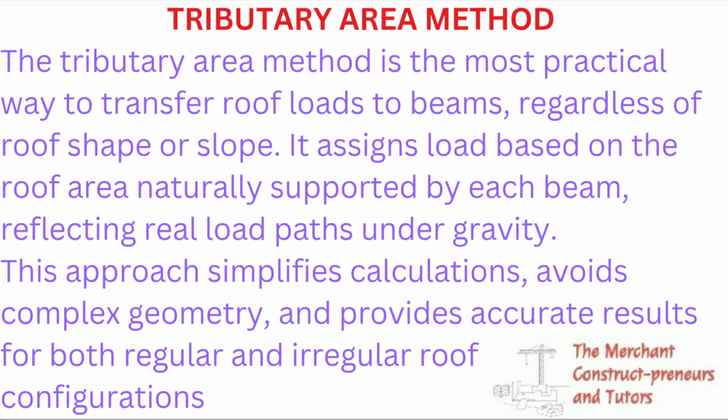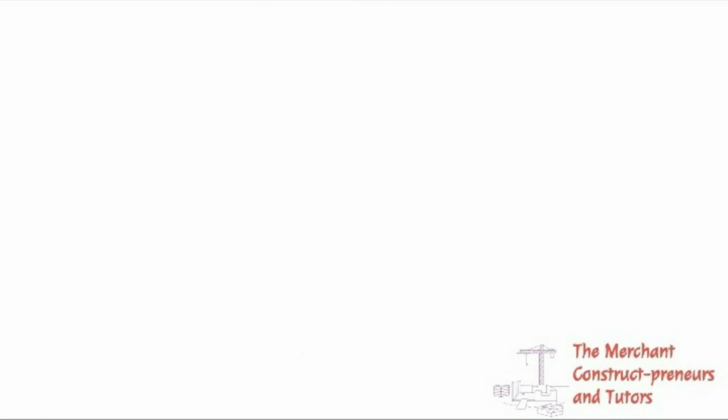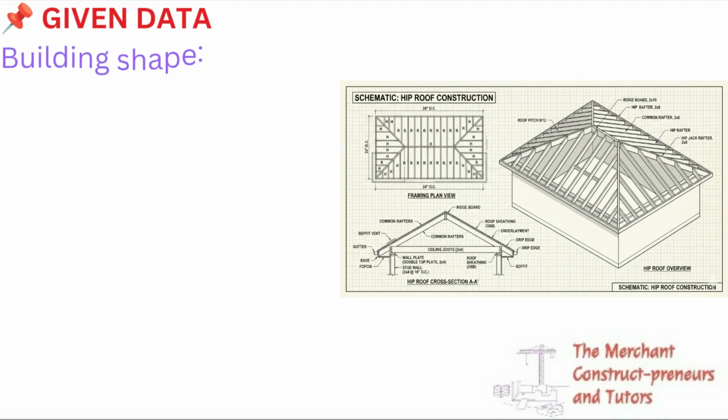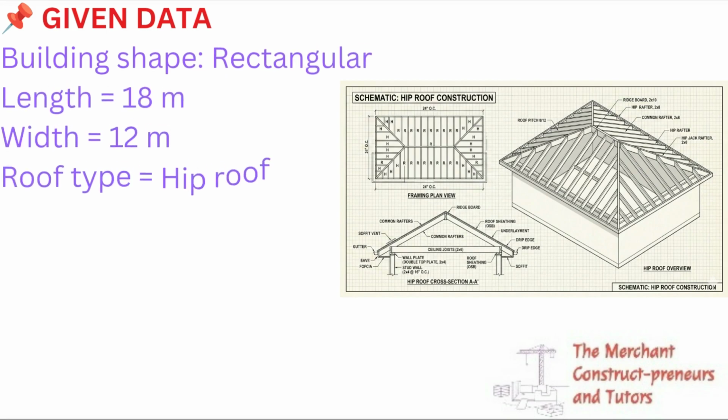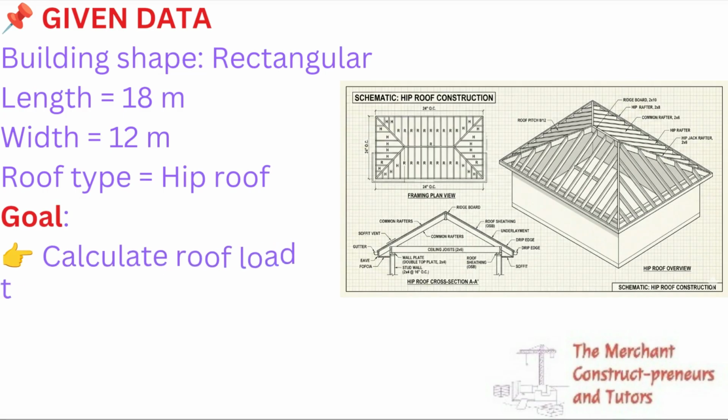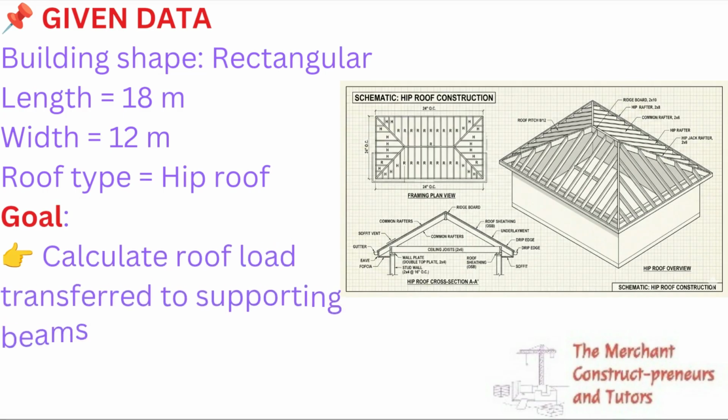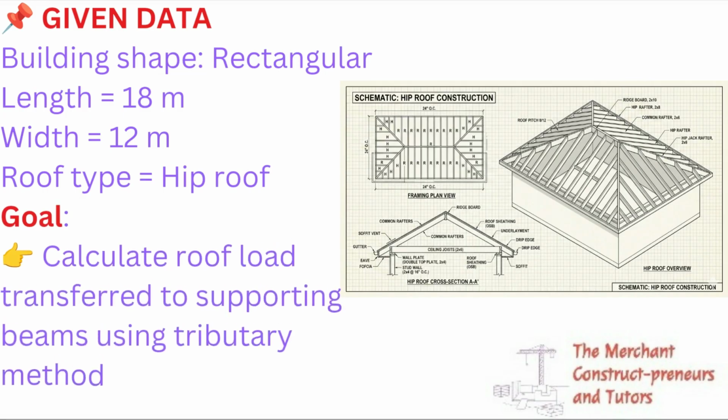So this approach simplifies calculations, avoids complex geometry, and provides accurate results for both regular and irregular roof configurations. All that I've read here is talking about the tributary area method. It makes the roof calculation easier irrespective of the shape, irrespective of the design. Whether regular or irregular, it gets it for you, right?